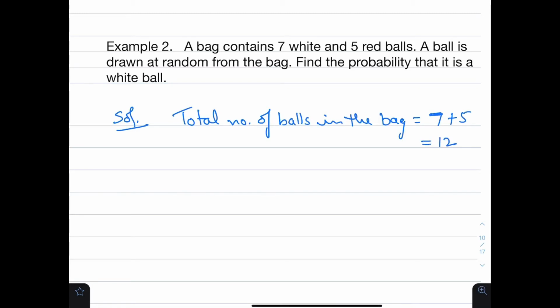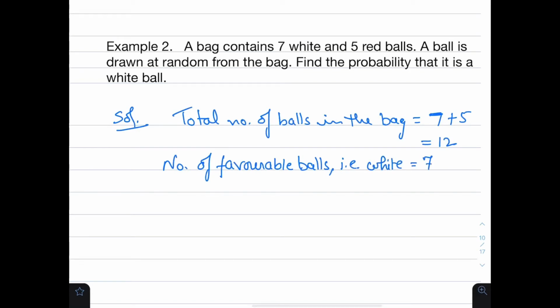So the bag contains 12 balls in total, and number of favorable balls, that is white balls, equals 7.